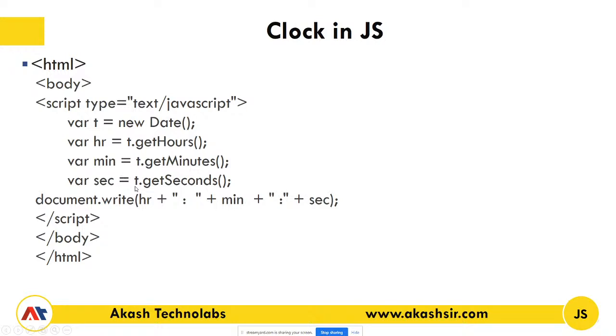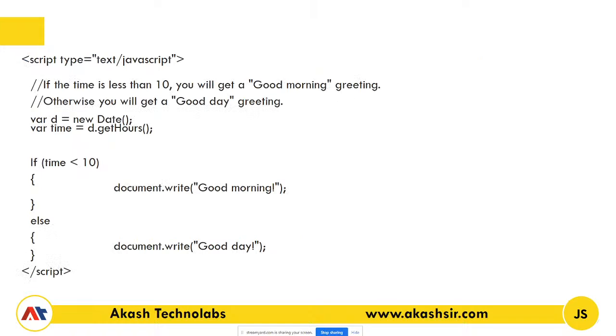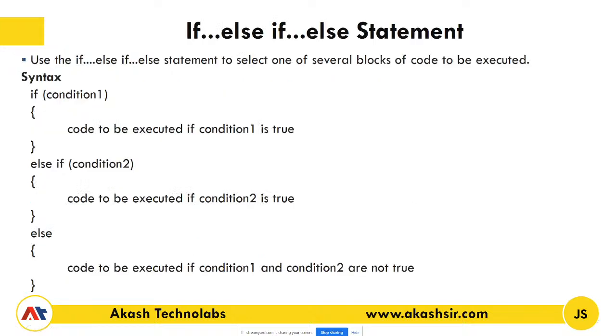Okay, so you can use these if else conditions. Here you can see, as we have done this code previously, if hours is less than 10, then good morning, else good day. Now the if, else if, and else statement.